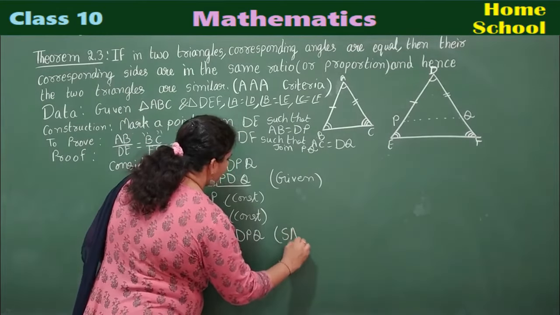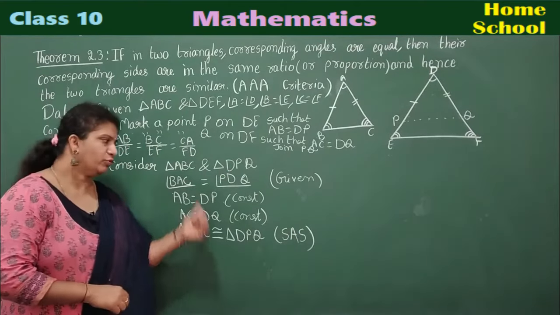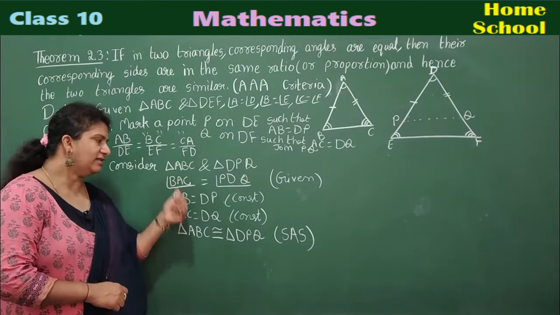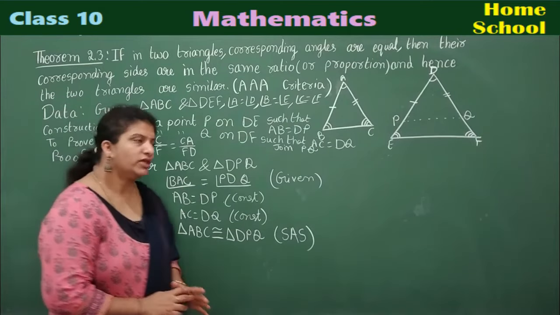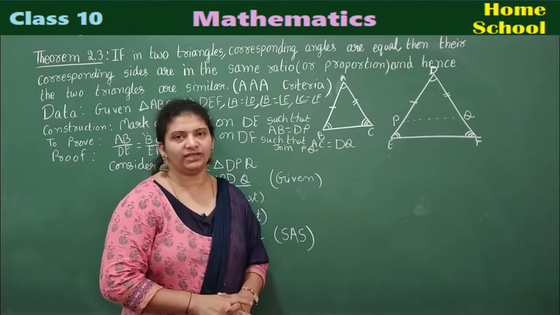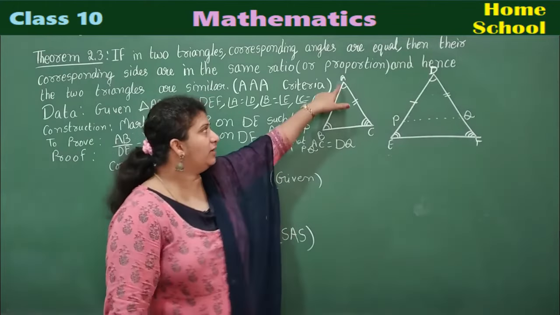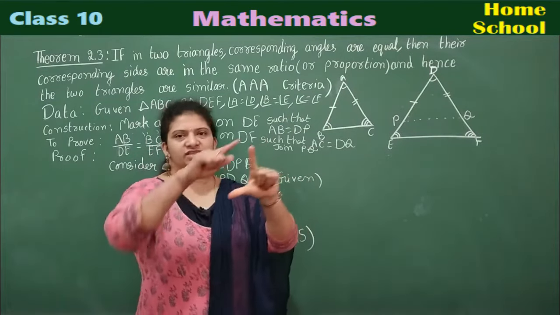That will be SAS postulate. How did we prove they are congruent? Due to side, angle, side. By SAS postulate. So one more thing you need to observe when you are proving SAS postulate. What happens, children? The angle should be included between two sides. Suppose let me take these two sides.